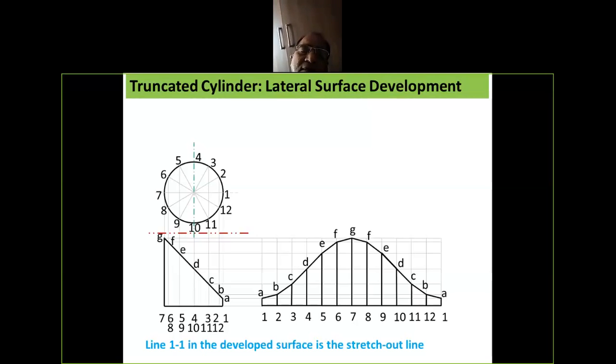Now we can make projections from points A, B, C. We draw a line, that is, projections from points A, B, C. Similarly, we can draw a perpendicular line from points 1, 2, 3, 4, 5, 6, 7.